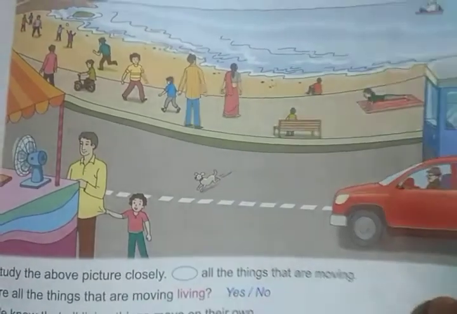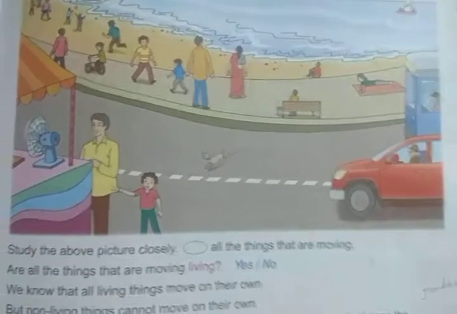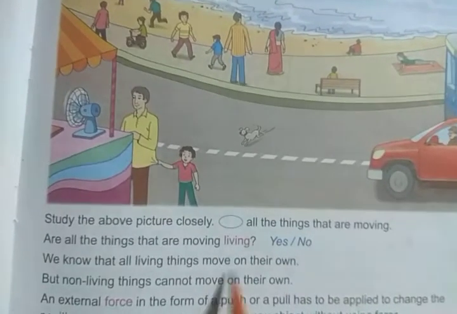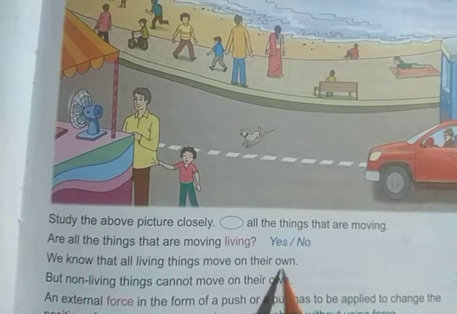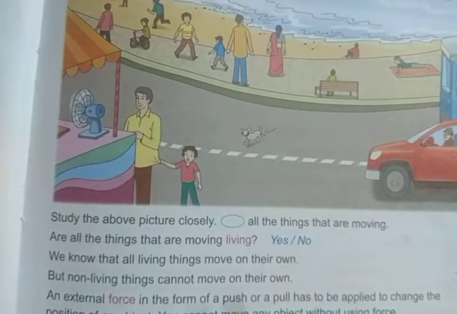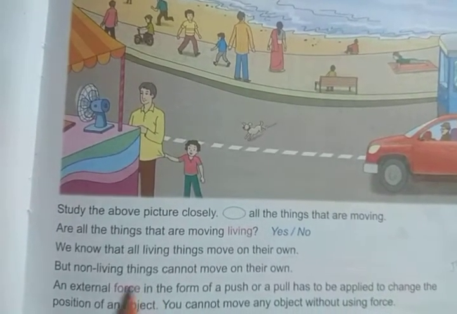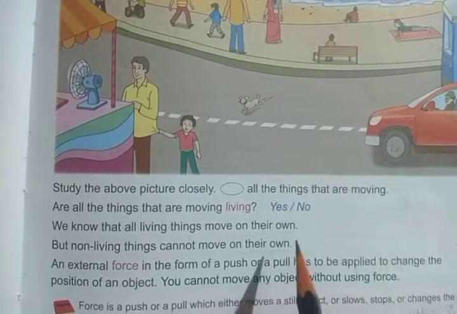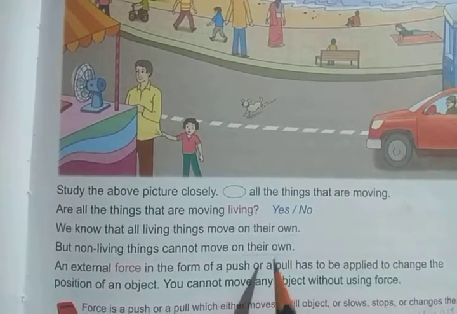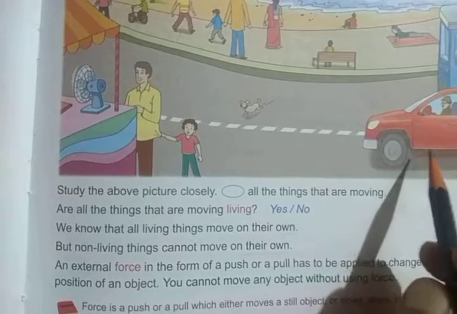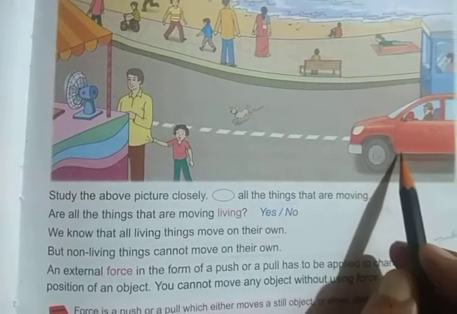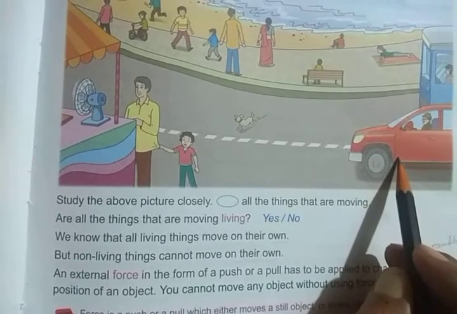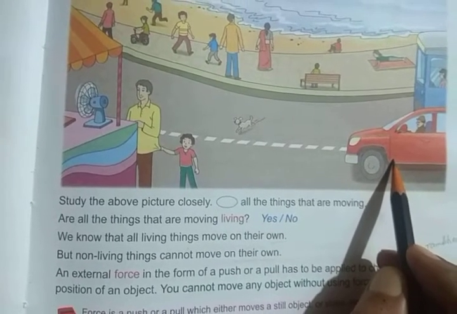Of course no. We know that all living things move on their own, but non-living things cannot move on their own. Suppose here the car is moving, but it is not a living thing.